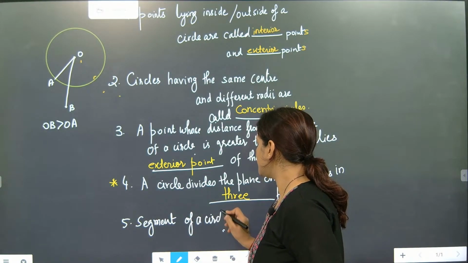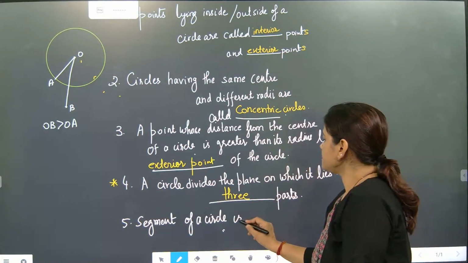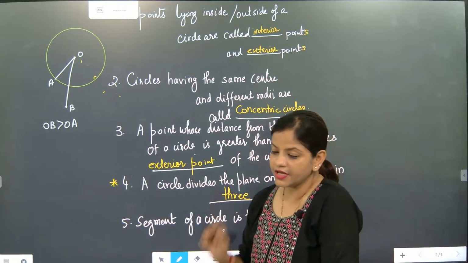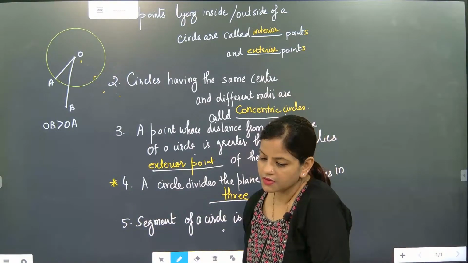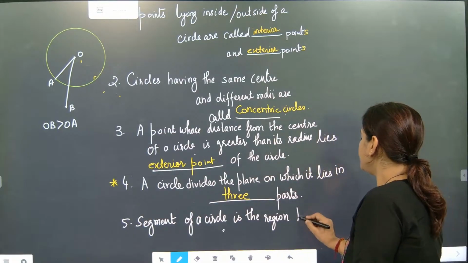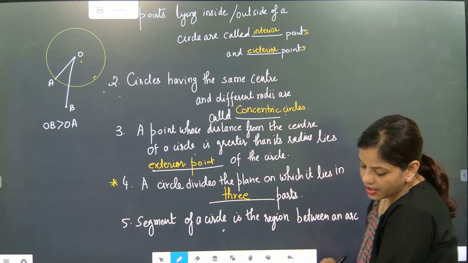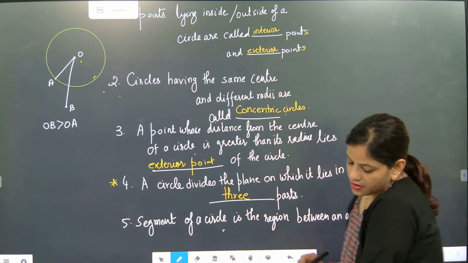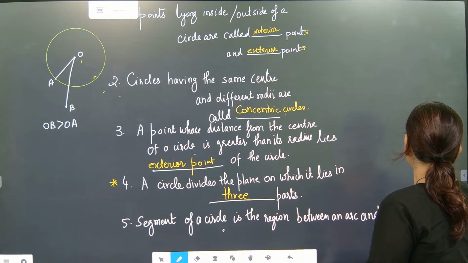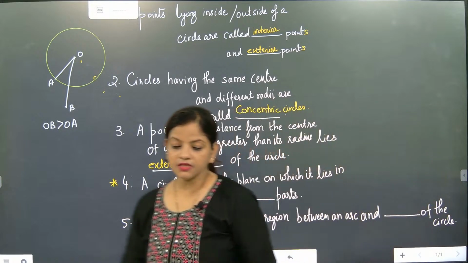Segment of a circle is the region between an arc and dash of the circle. Come on, answer this question.